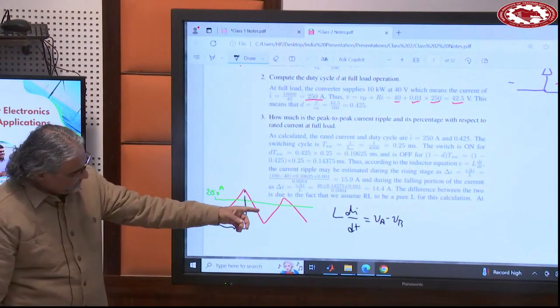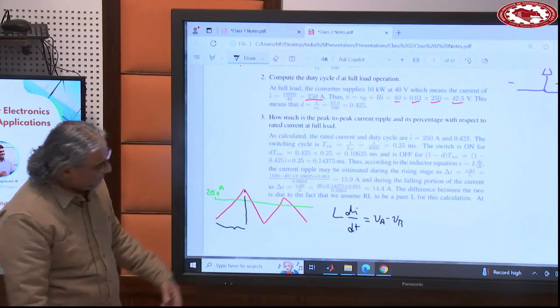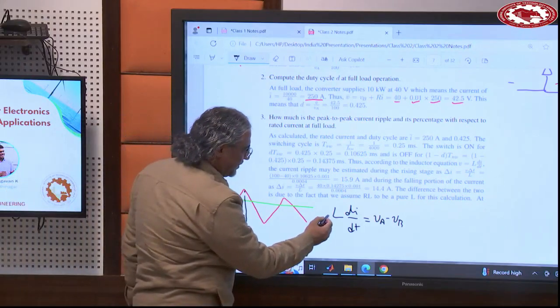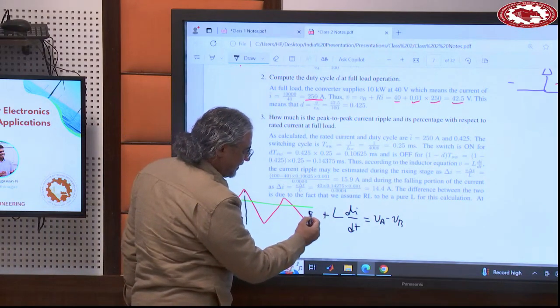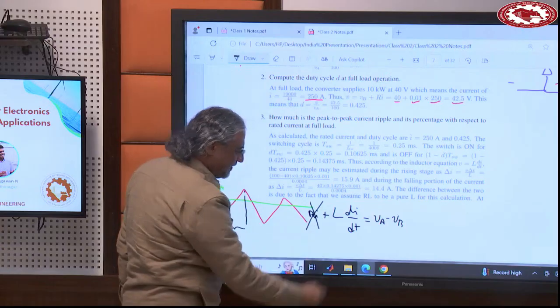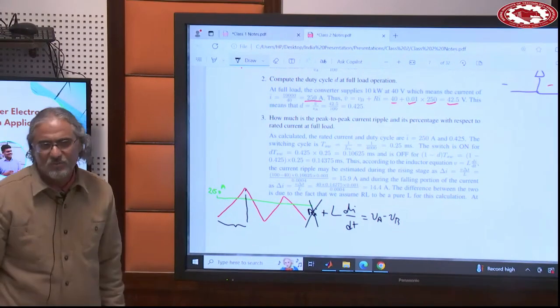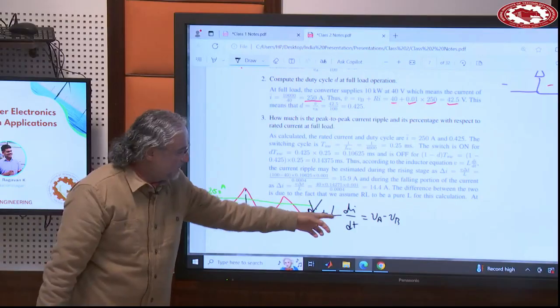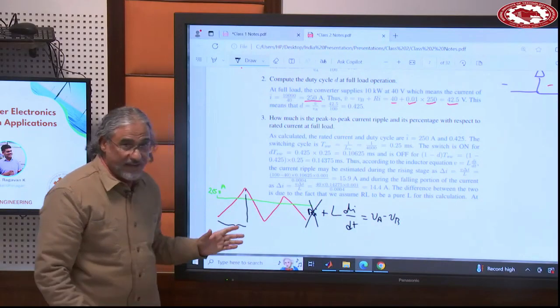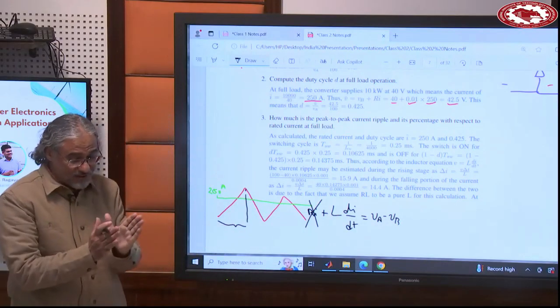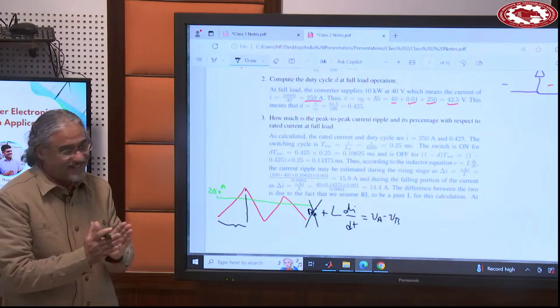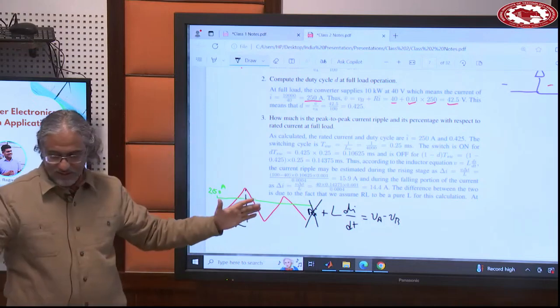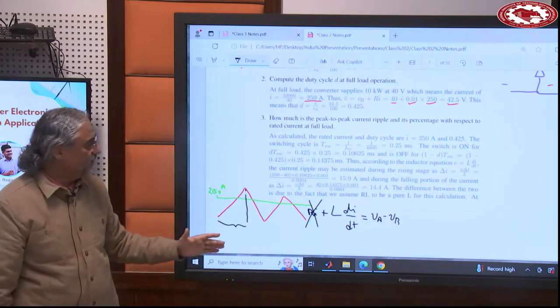You remember, in this equation, I ignored this term, Ri, because that term is small compared to this one. And this is the one that really generates these ripples. Now, in this item, we are within those short times, right? In the previous item, we are looking at DC, long time scale.